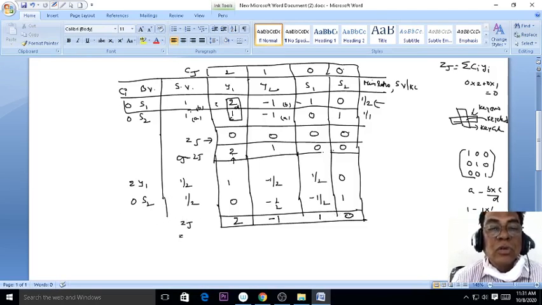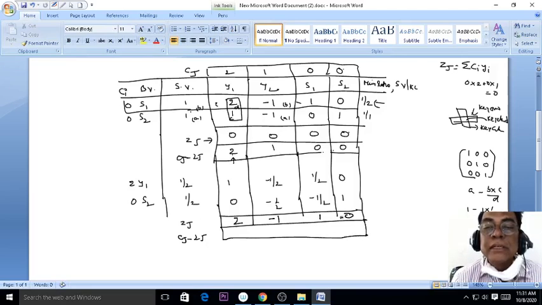Next go to Cj minus Zj. Same thing. Cj minus Zj. What are the Cj values here? The Cj is given in the top row.